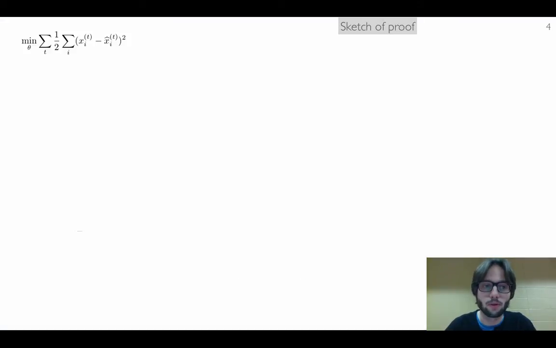Okay, so now let's do the proof of optimality of the linear autoencoder. It's really just a sketch because I'm going to be making some assumptions. One assumption that I'm going to make is that the number of training examples, the number of these xt's here, is going to be the same as the number of dimensions in the input x.